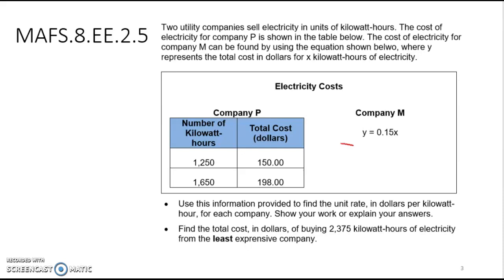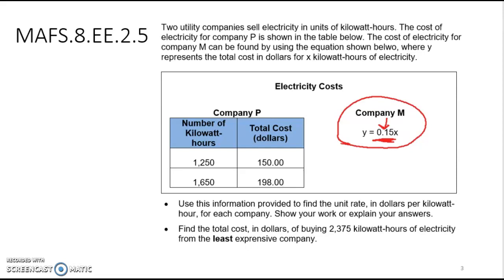So they already told me that company M's rate of change is 15 cents per hour. All right, that's the cost. So the cost would be 15 cents per kilowatt hour.